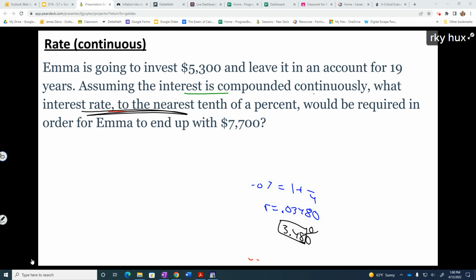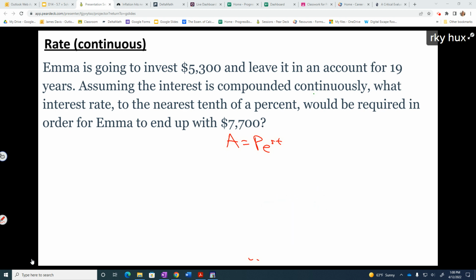Assuming the interest is compounded continuously, what interest rate is going to be required to end up with $7,700 in 19 years? So the main difference here is we're going to use our continuous interest formula, which is A equals P-E-R-T. And there's fewer variables, so it's a little bit easier.